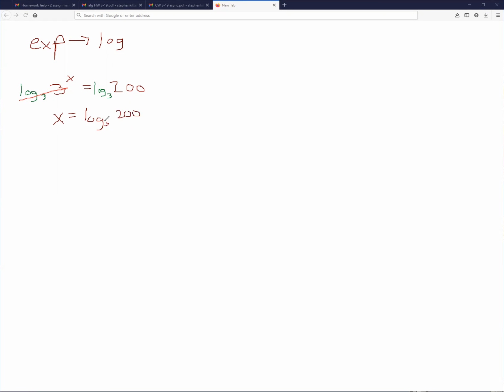Now, the reason this works is because exponential functions and logarithmic functions are inverses. As you'll recall, inverses are processes that cancel each other out.